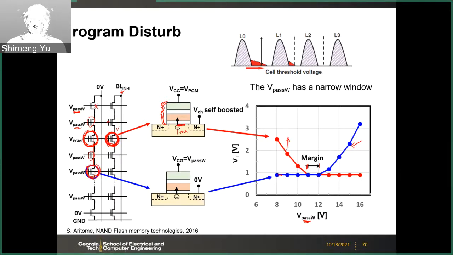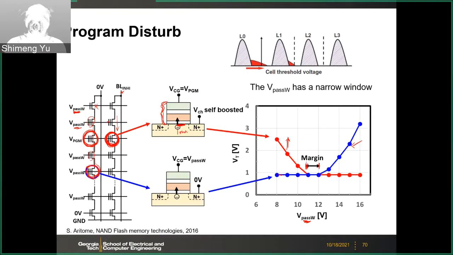So you have the limitation from those two kinds of cells to determine the V pass W window or margin here. In this particular case, it's only in the range of like 11 volts to 12 volts. So this V pass W has a narrow range somewhere in the middle.